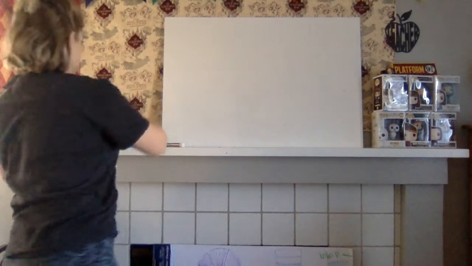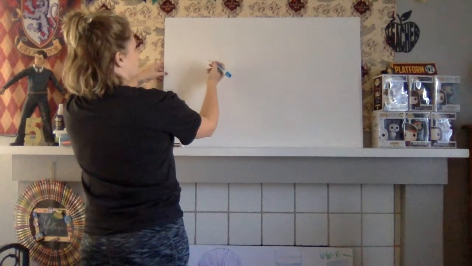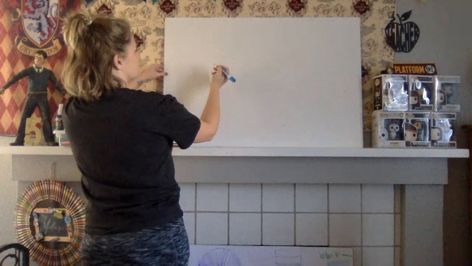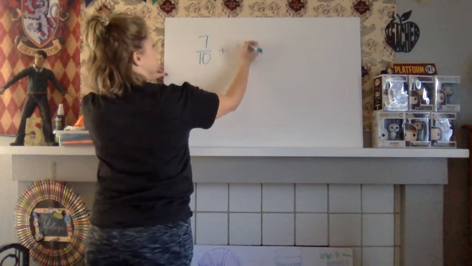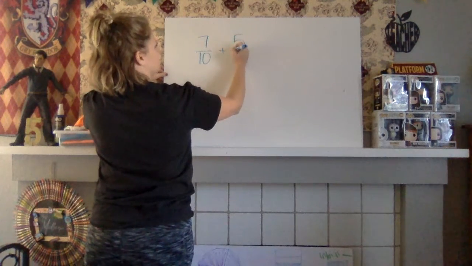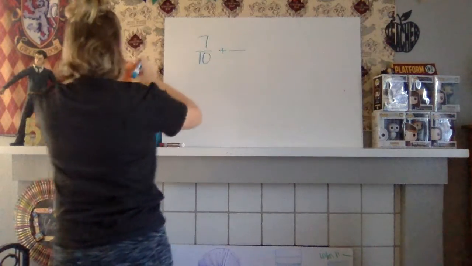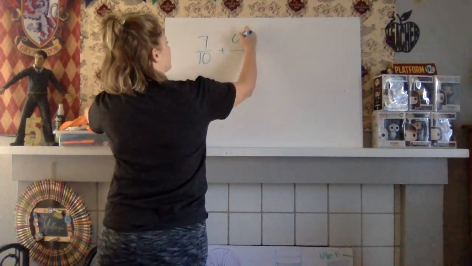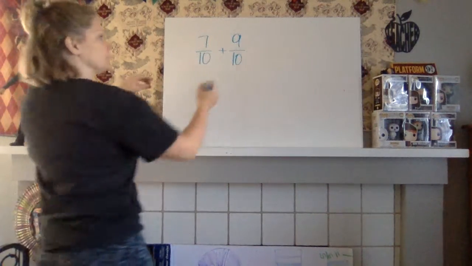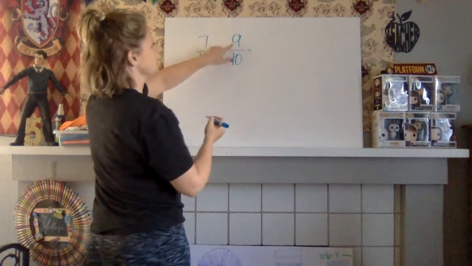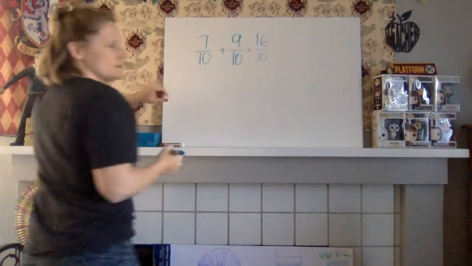Okay, so let's say in our example we had 7/10 plus, I don't want to do 5/10, I want to do 9/10. Okay, 7/10 plus 9/10. We know from the algorithm, we add together the numerators. So 7 plus 9 is 16. We leave the denominator alone because we are only talking about tenths.